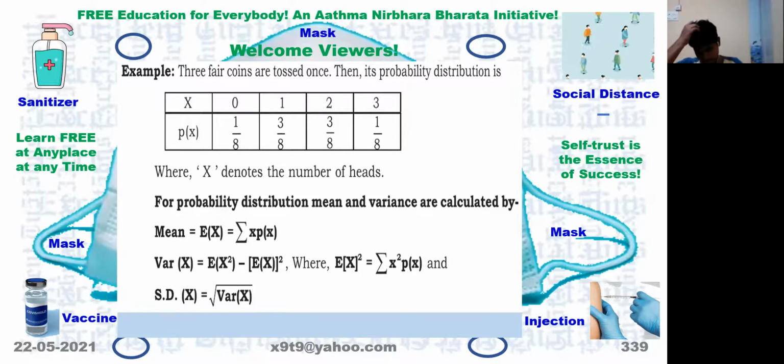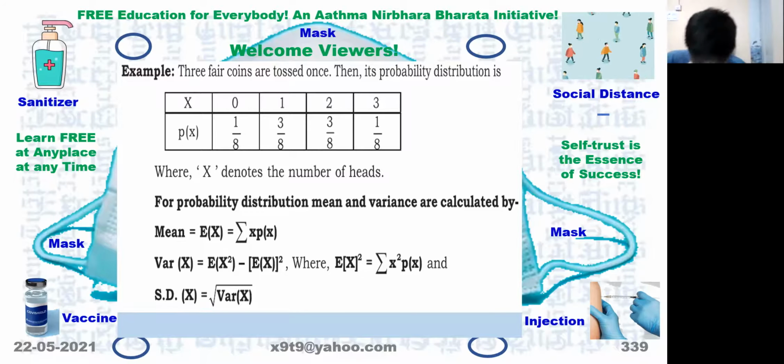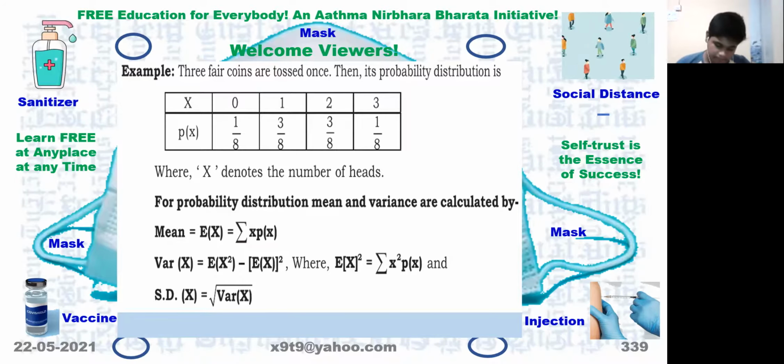Sir, can you repeat that once again, sir? See, you have written the x values one below the other: 0, 1, 2, 3. So that is the first column. Second column, p of x is the heading. There you have the values 1 by 8, 3 by 8, 3 by 8, and 1 by 8.